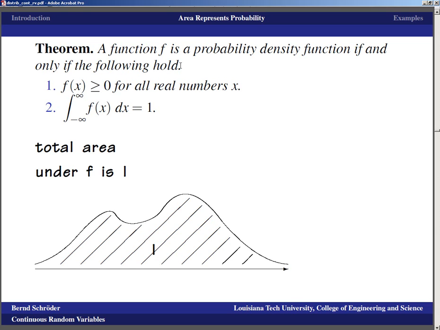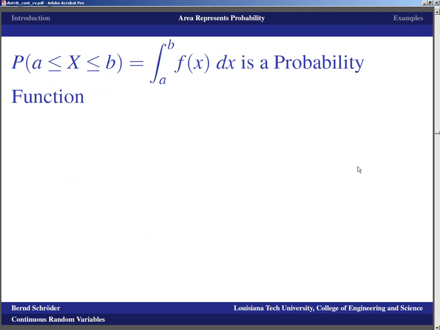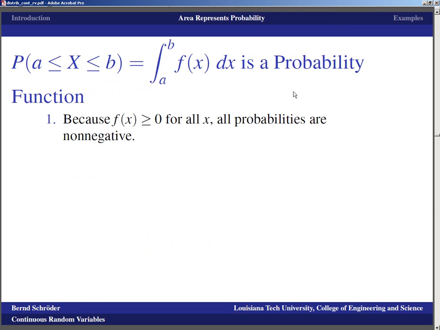Okay, so I've just told you that if this thing is a probability density function, then 1 and 2 must hold. If these two don't hold, then something goes wrong. Why is it the case that when these two hold, the function really is a probability density function? Well, that is because the assignment of the probability of some random variable being between a and b, being the integral from a to b of f of x dx, really is a probability function.